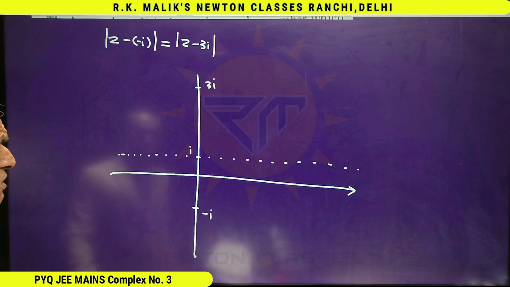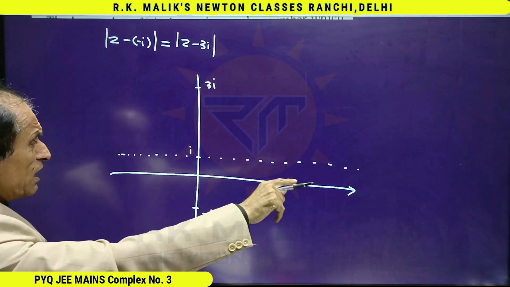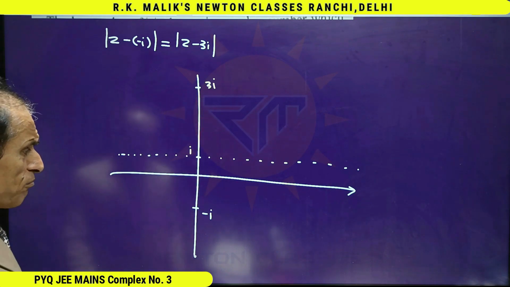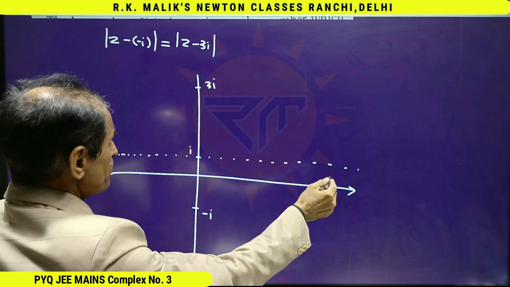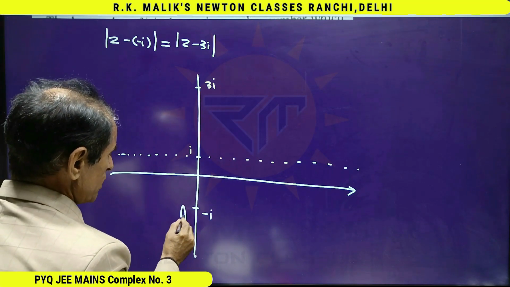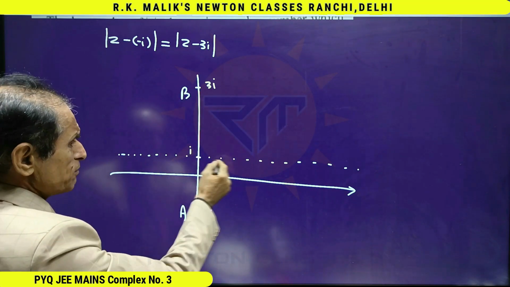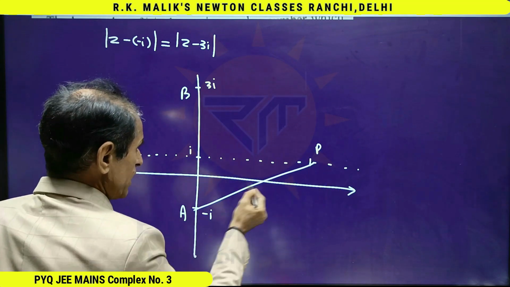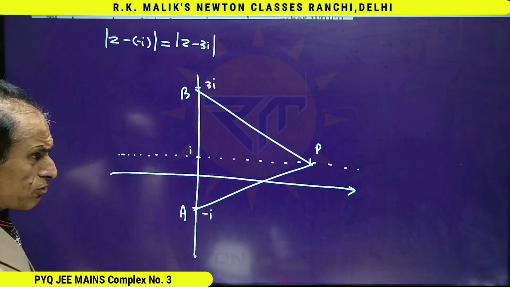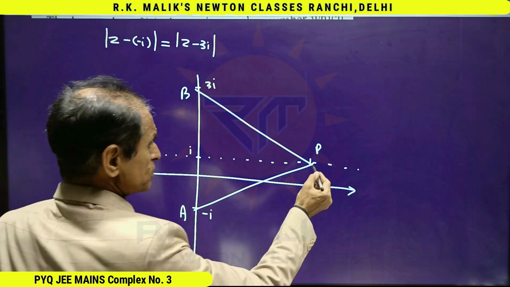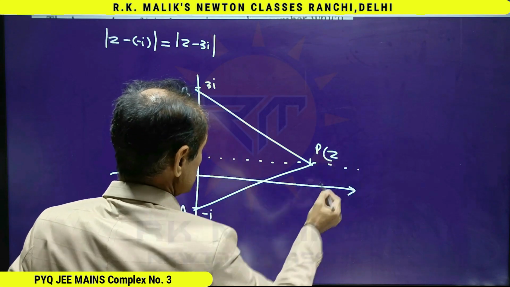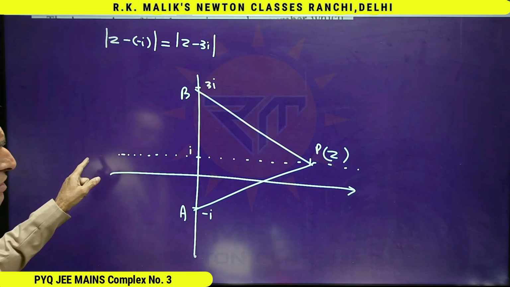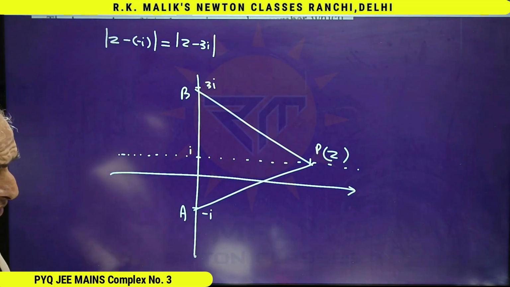For this condition to be satisfied, z should be anywhere on this line. i is the midpoint of 3i and minus i, because this line is the perpendicular bisector of the line joining A and B. For any point on the perpendicular bisector, say P, PA and PB will be always equal, where the complex number of the point P is z. That is, I mean to say, to satisfy this condition, z should move anywhere on this line.